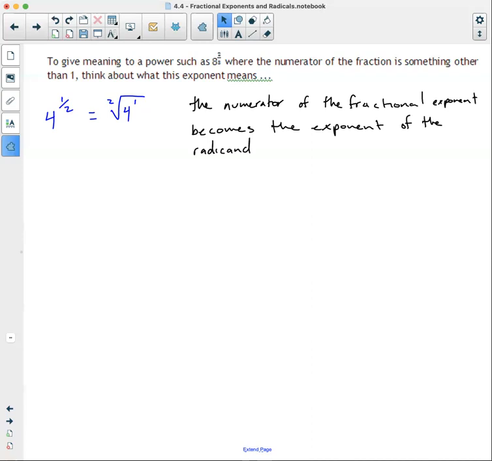Okay. The denominator, I know we've talked about this, but let's put this in words here. The denominator of the fractional exponent is the index of the radical.